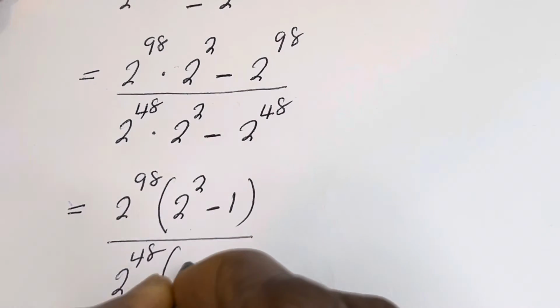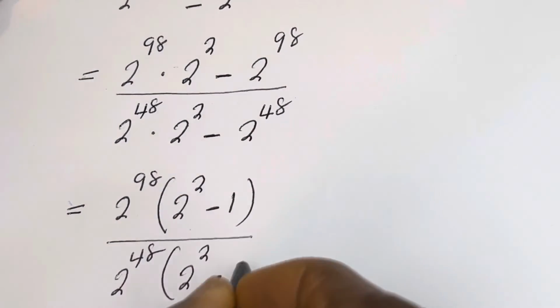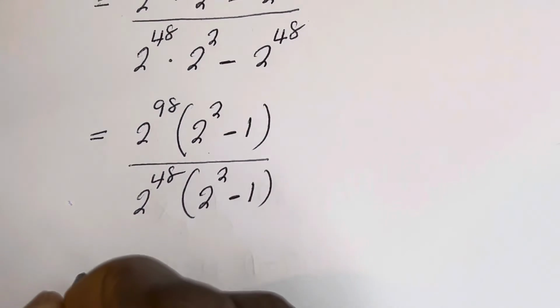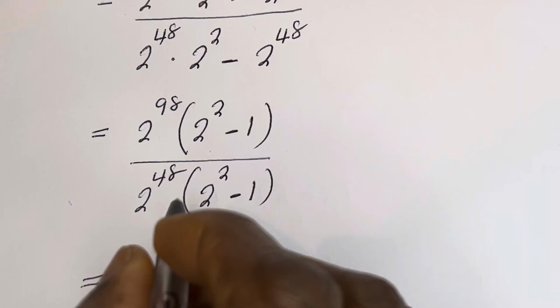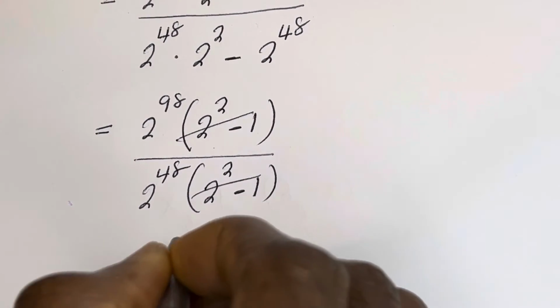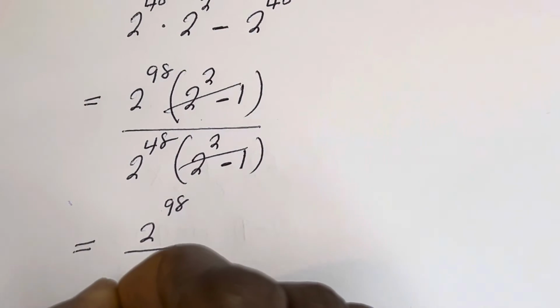If you divide this by this, we have 2 squared minus, if you divide this by this, 1. Then this cancels this, we have 2 to the power of 98 divided by 2 to the power of 48.